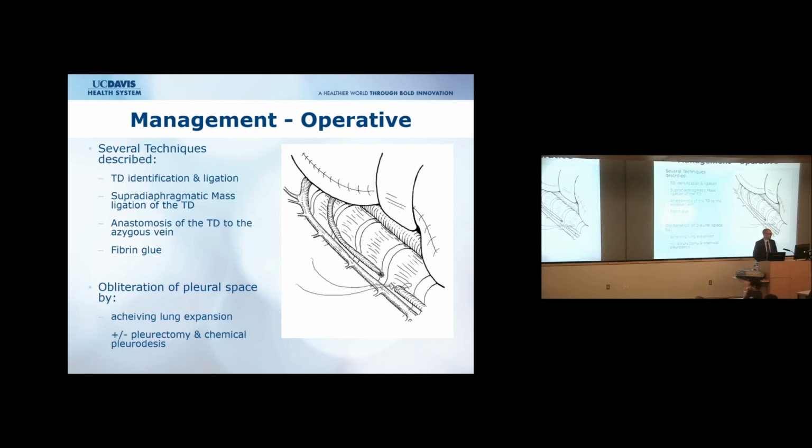Also, supradiaphragmatic mass ligation of the thoracic duct, which I'll talk about more in a second. Anastomosis of the thoracic duct to the azygos vein, which you can see running just posteriorly. And then the use of fibrin glue intraoperatively. And then obliteration of the pleural space by achieving lung expansion. And occasionally this will require a pleurectomy and even a chemical pleurodesis.